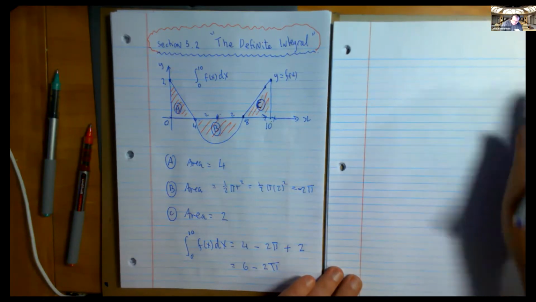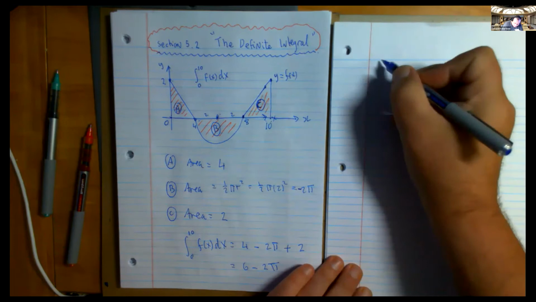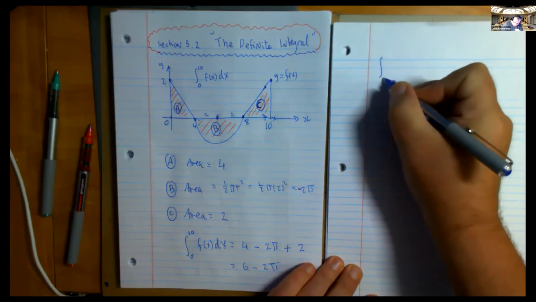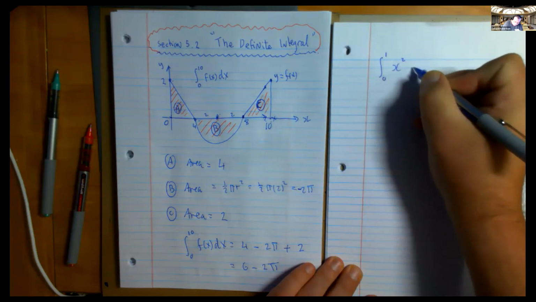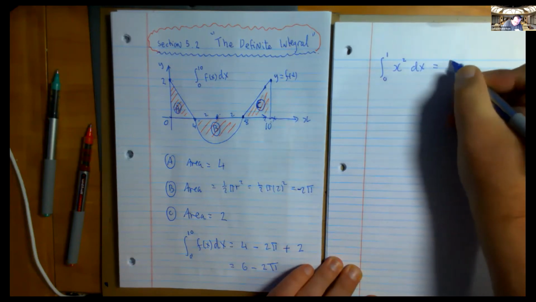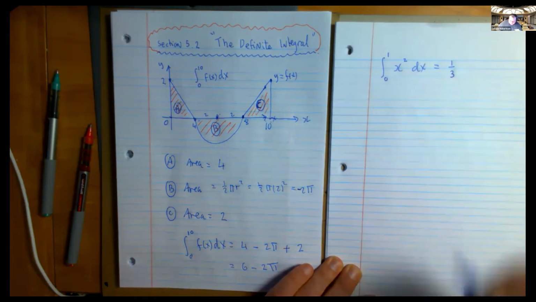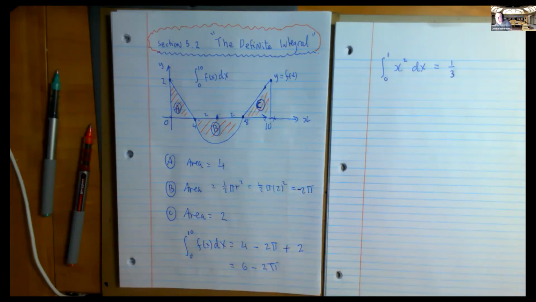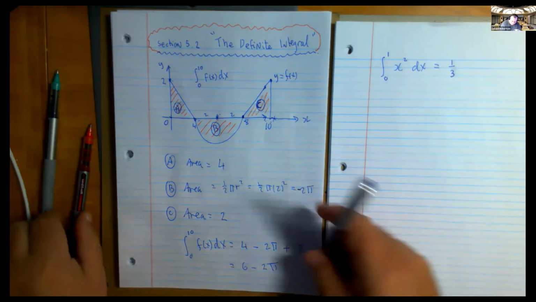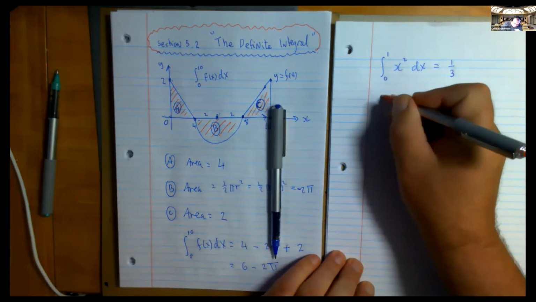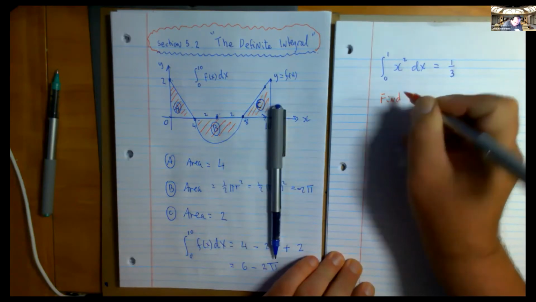Second situation is going to be like this. Suppose I told you that the integral from 0 to 1 of x squared dx, suppose I said, somehow or other, I know the right answer. It's a third. We can use that piece of information to find other areas.